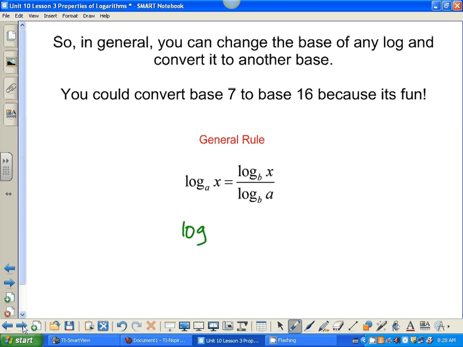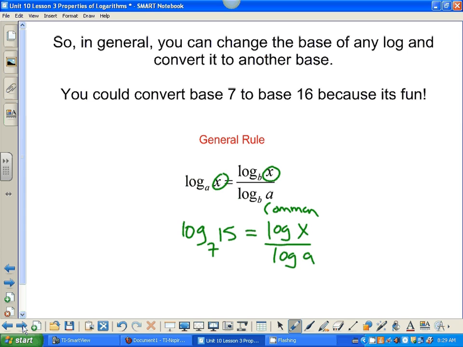If I am in log base 7 of 15, let me just give you this example. So what I could do is I could convert it to a different base. So let's do the common log, by taking the new base of the value over the new base of the old base.